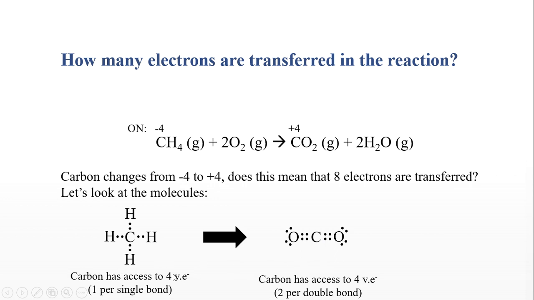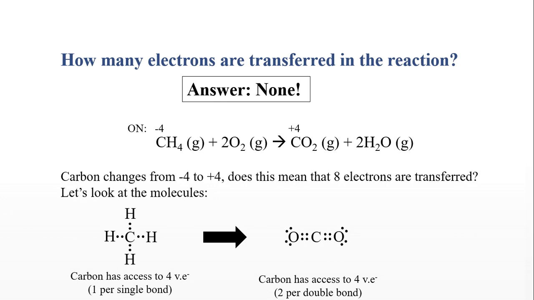So carbon will have 4 valence electrons belonging to it before, and carbon will have 4 valence electrons belonging to it afterwards. It does not turn into any type of ion, so no electrons are transferred here. So we only have a rearrangement of the electrons, but we don't have any ions formed here.